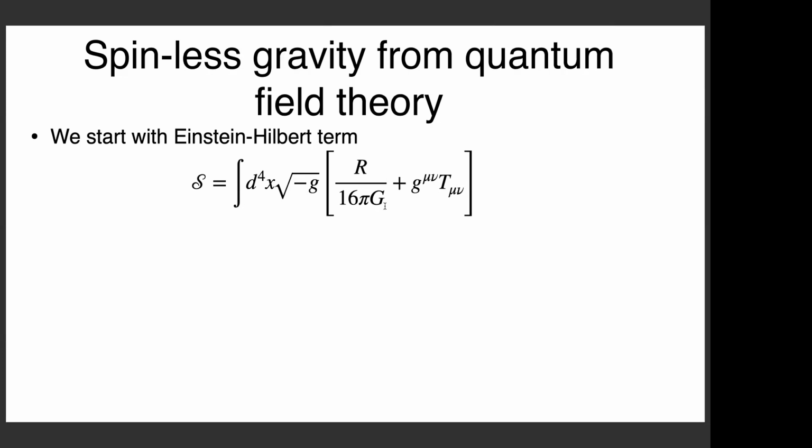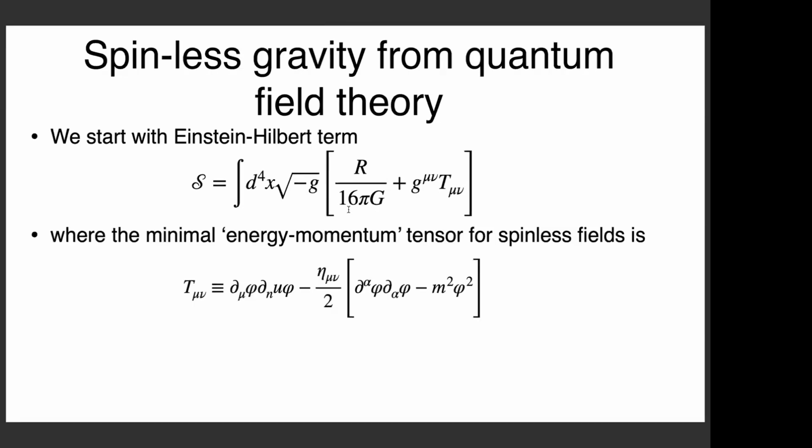But to leading order, we can just start with the Einstein-Hilbert term. So if we work with spinless fields, we can write down an energy-stress tensor T mu nu for the spinless field. And for a scalar, it looks of the form written down here. We contract now with the metric g mu nu, and we have the Einstein-Hilbert term.